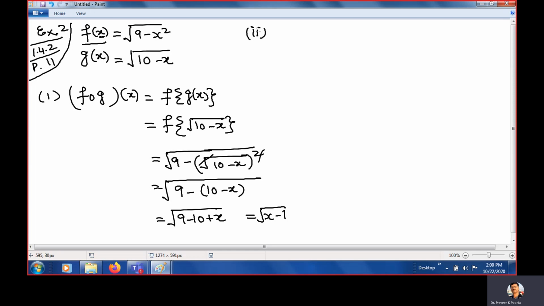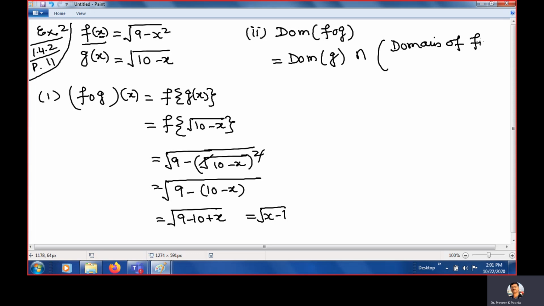Another second thing they need, domain of f composition g. Domain of f composition g means domain of g intersection domain of the final expression of f composition g.